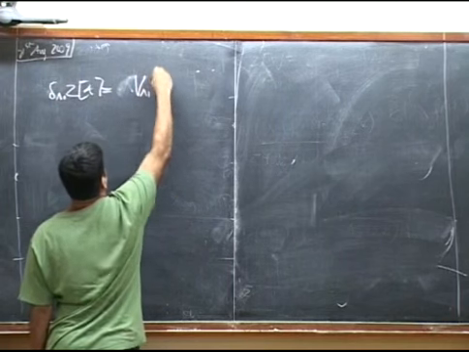Okay? So suppose I take Z and I vary with the gauge transformation lambda 1, and I find some, let's call it V lambda 1.